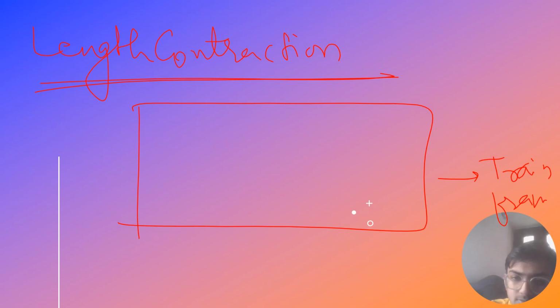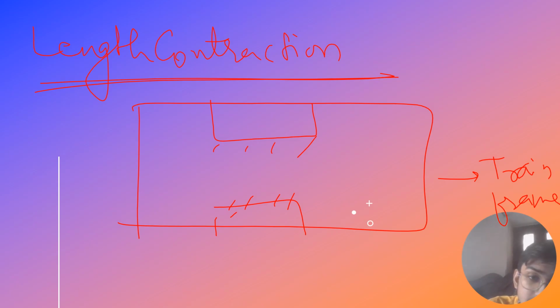Two mirrors are fixed, one on the roof and one on the surface of that particular train, aligned at some particular angle. Now the ray of light will travel, and then again it will go up and then down.